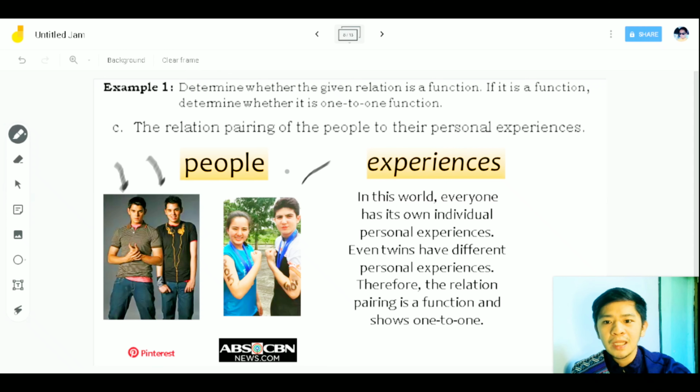So, even yung twins ng Legaspi family, magkakaiba pa rin ang kanilang experience. So, lahat tayo mayroong magkakaibang personal experiences. So, therefore, I can say na ito ay one-to-one function.